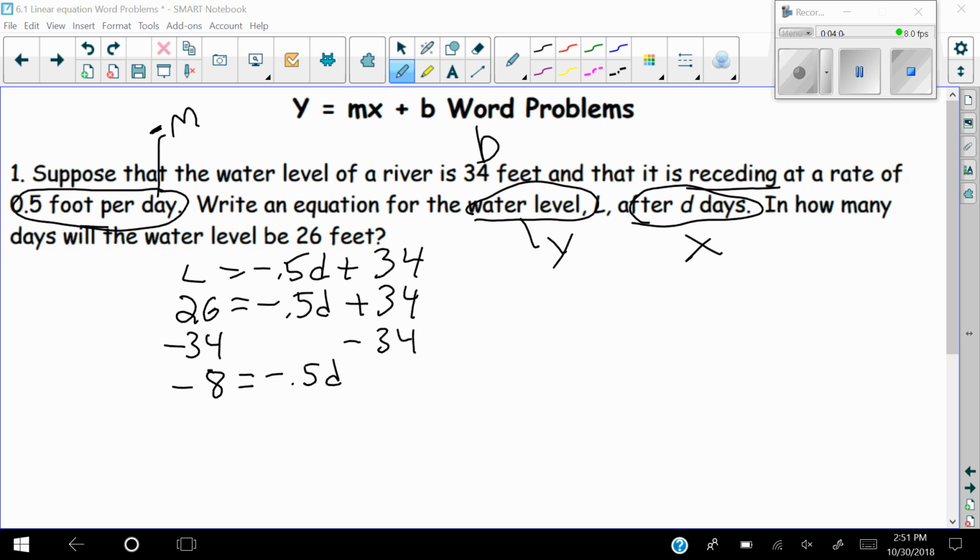Now to get this d by itself, I'm going to divide by negative 0.5. And negative 8 divided by negative 0.5 is positive 16. So in 16 days, our water level would be 26 feet.